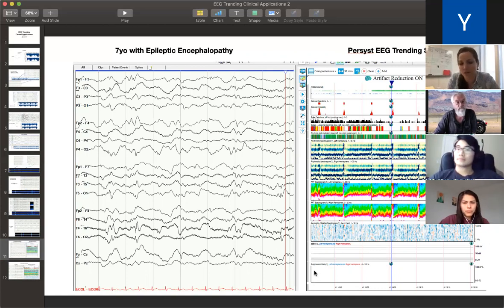But what you would normally see is a nice low line, where there's no suppression or very small suppression. And it'll show you the right hemisphere versus the left hemisphere. So you'll have a blue line for the left and a red line for the right. And if you start to see that line trend up, then that can be an early warning sign for ischemia or herniation. Thanks.